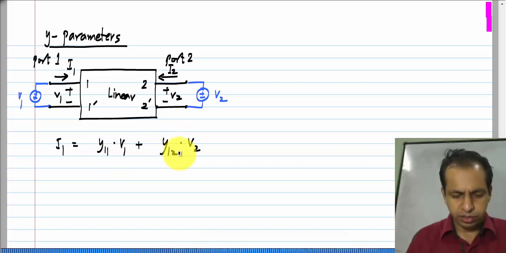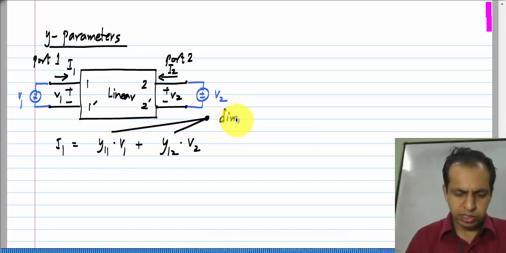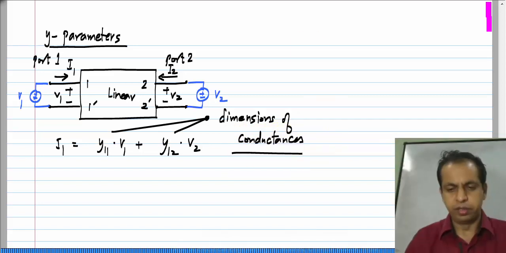these quantities here must have dimensions of conductances. In fact, this is the reason it is called Y parameters.